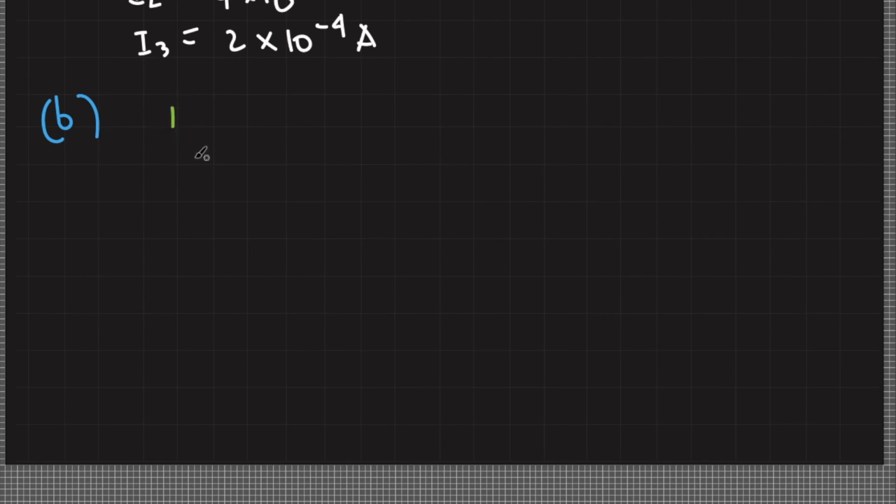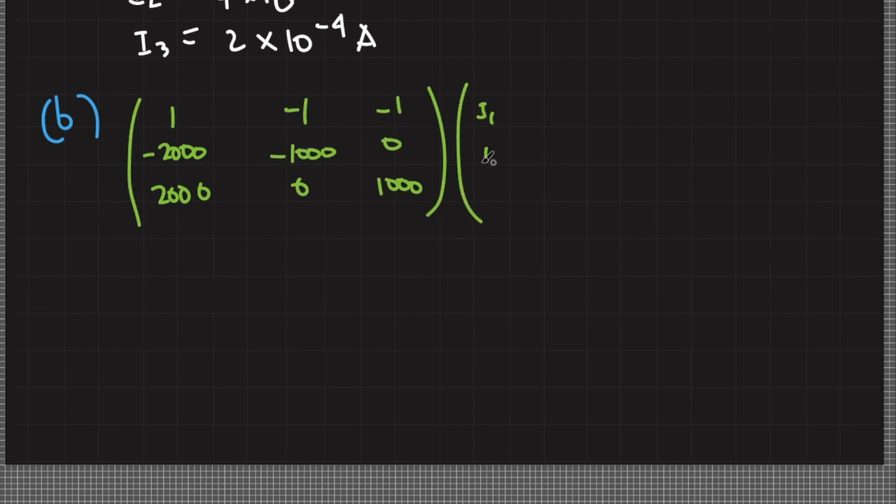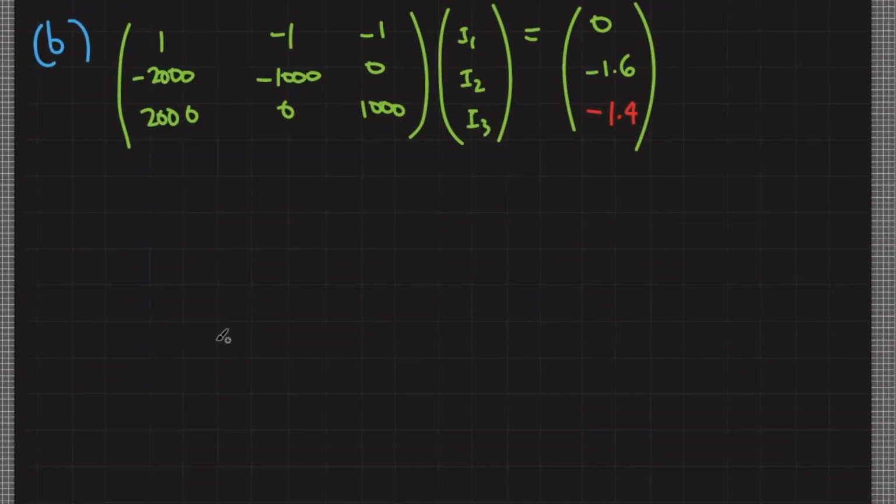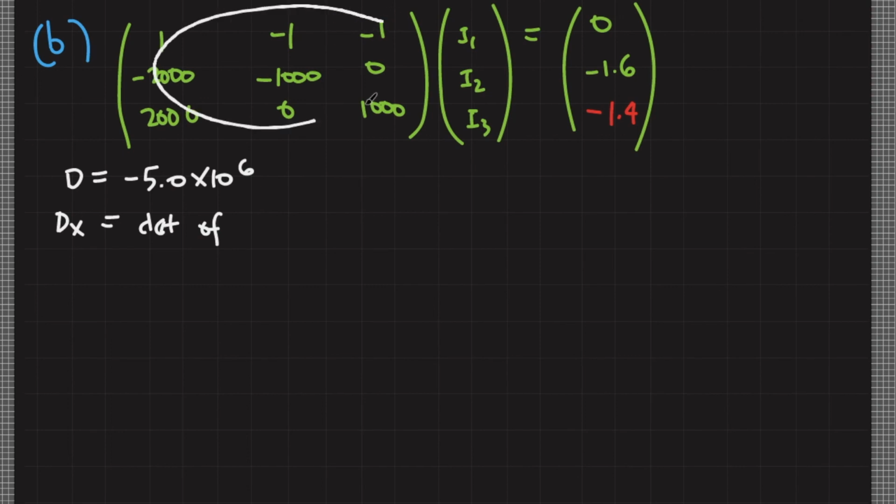So again, we have the same matrix. The determinant of this matrix using a scientific calculator is equal to negative 5.0 times 10 raised to 6, and d sub x is the determinant of this same matrix, but again I'm going to replace the first column with these values.